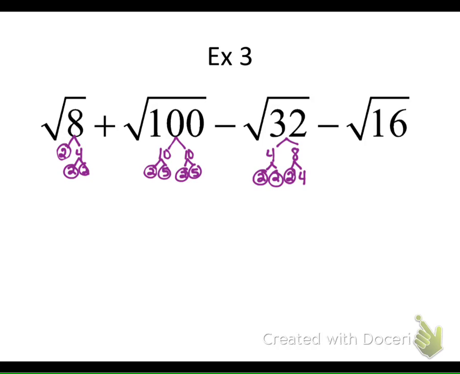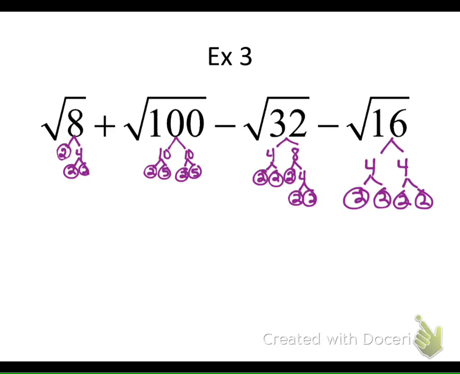And then for 4, 2 and 2. Okay. And then for 16, AJ? Okay, and then for 4s? 2 and 2. And you circle those. This is a lot of twos.